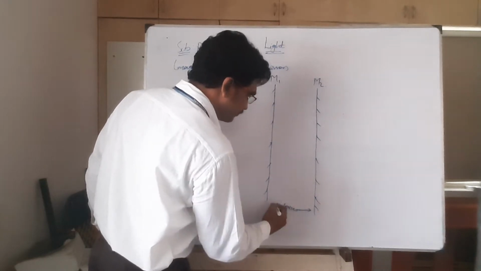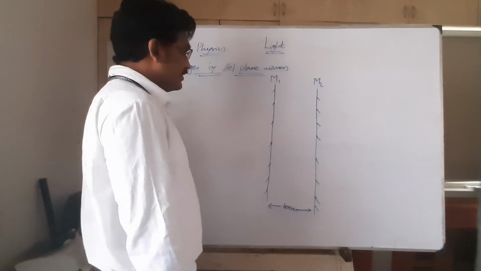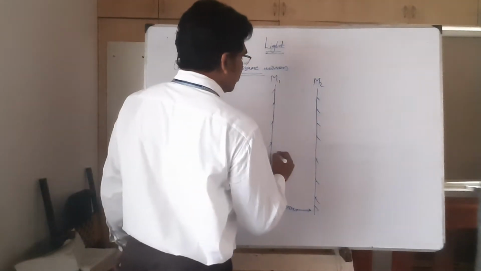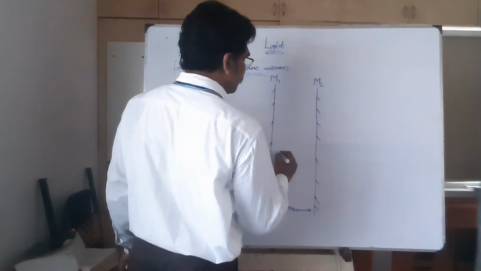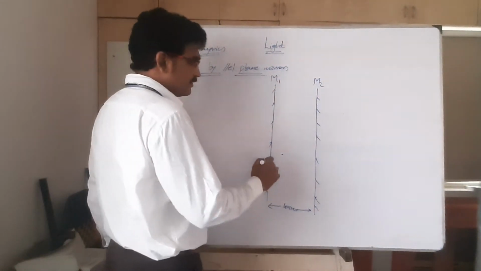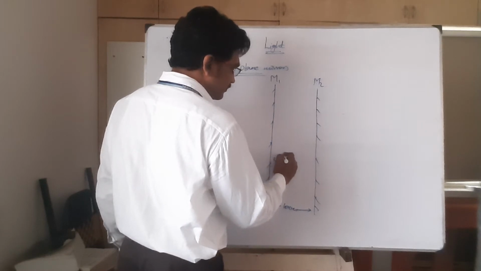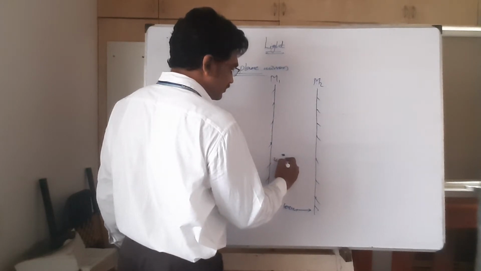So M1 and M2 are separated by 10 centimeters. Now here an object is there. For example, this object is at 2 centimeters.